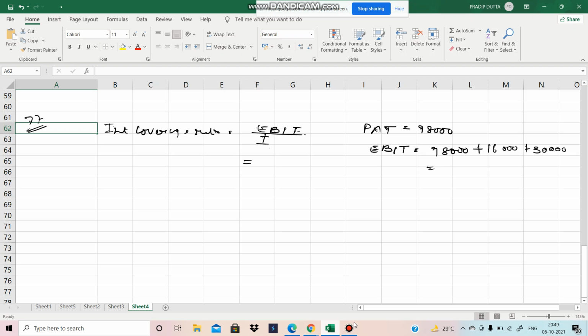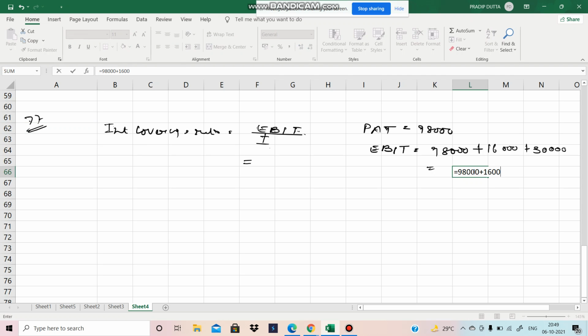So the value will be 98,000 plus 16,000 plus 30,000, which is 1,44,000. So our EBIT will be 1,44,000 divided by interest.